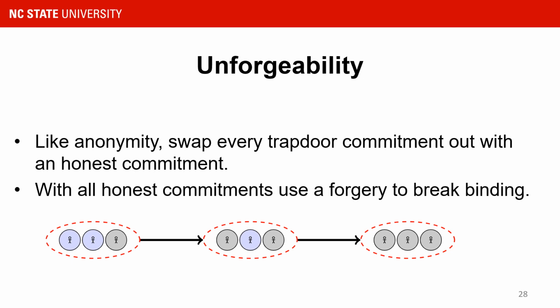Good. I haven't gone into all the details because there are a lot of steps to go through. But the point is that I use hybrids, indistinguishable step-by-step changes, and then finally a reduction to some hardness assumption, which for unforgeability is the binding of the commitment scheme.